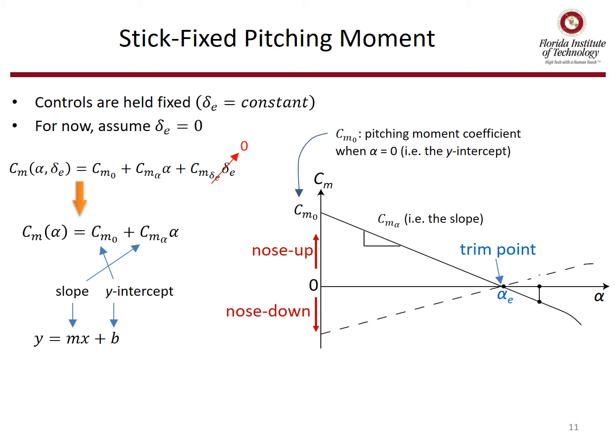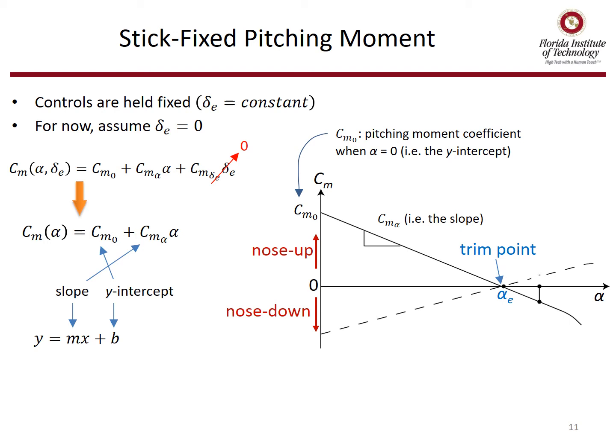What we get then is the classical high school algebra y equals mx plus b type of relationship, a linear plot. So there's going to be a slope and there's going to be a y-intercept. In this case, the y-intercept is Cm sub 0. It's the pitching moment coefficient when the angle of attack is 0, but it's really the y-intercept. And then we have Cm alpha times alpha. The Cm alpha portion is the slope of the line, the change of y over the change of x.